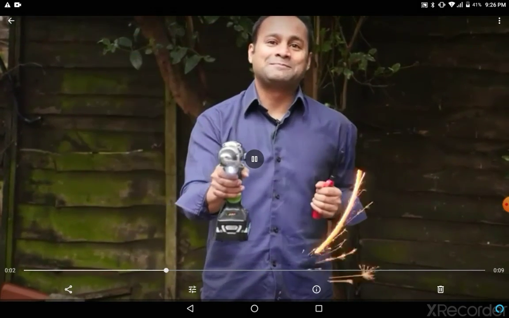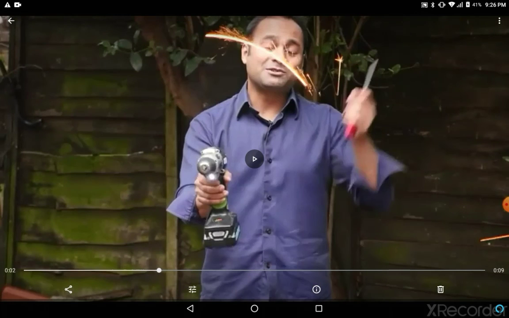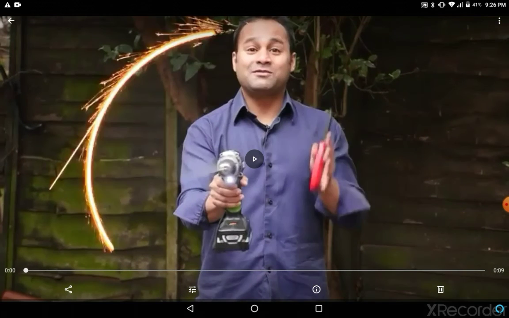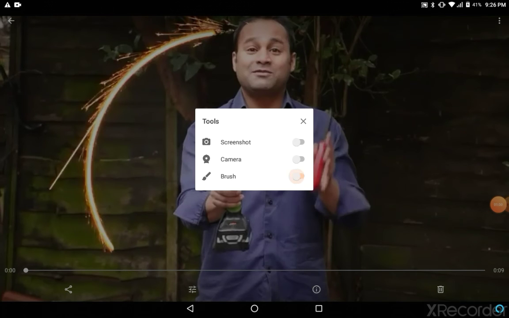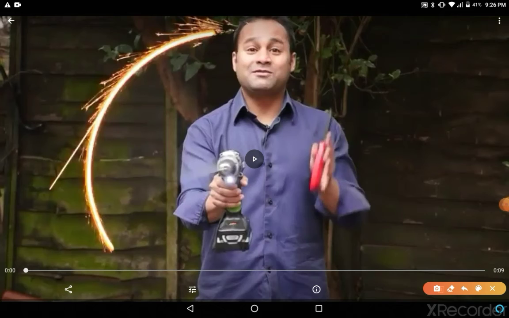So here, I'm pausing this. The whole firecracker is moving, and if you see, where's my brush tool? Yes, in this position, let me complete the circle, this should be the circle it is going in.